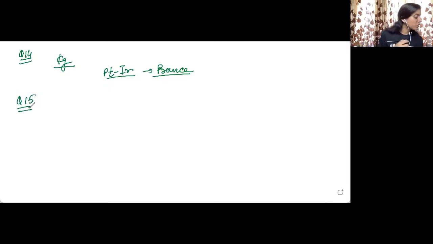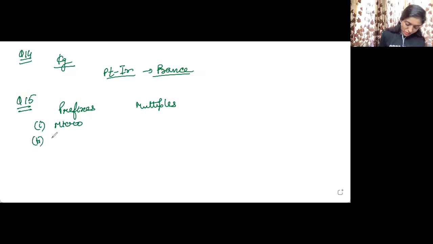All right. So question number 15, we need to match the prefixes with their multiples. Prefixes have been given and multiples have been given. So let us now just match these. First is micro. Second is deca.